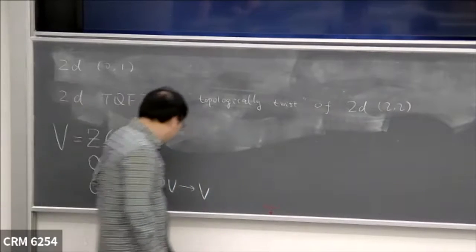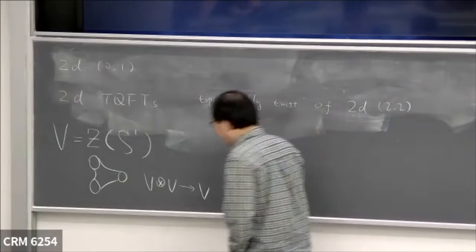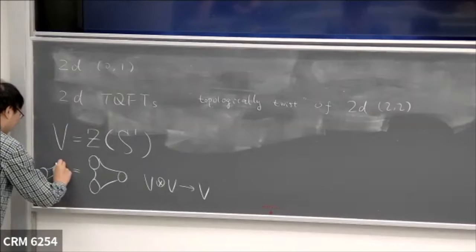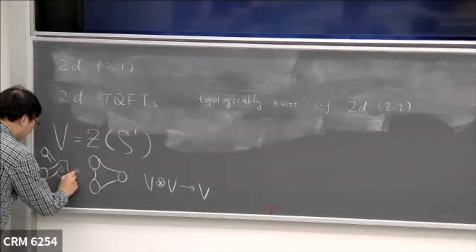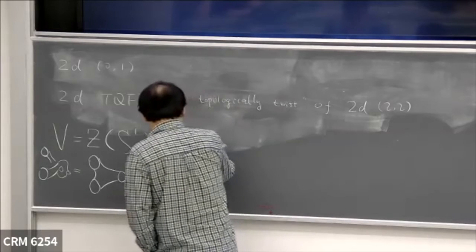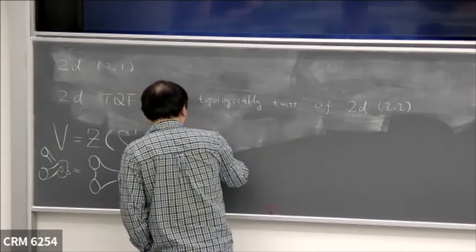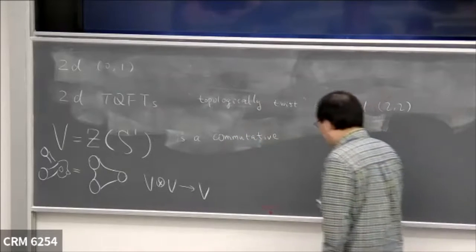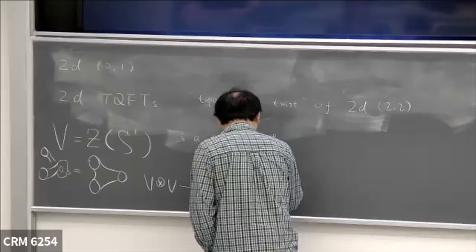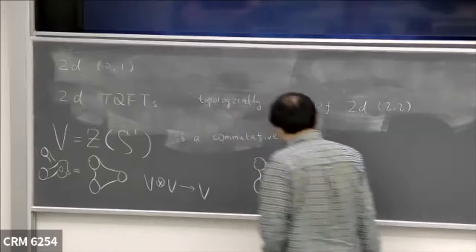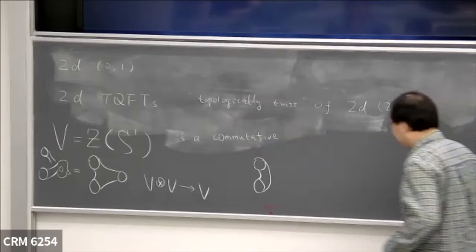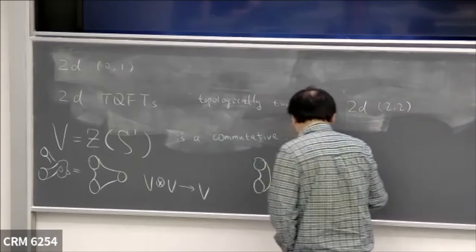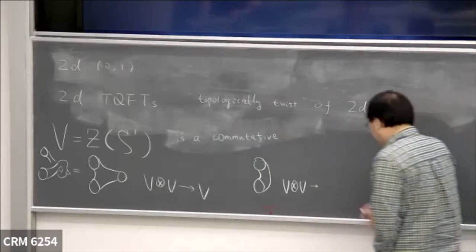Furthermore, this algebra is supposed to be commutative because of topological invariance like this. So this is a commutative algebra. And furthermore, there is going to be an inner product, because this particular cobordism will give you a map from two copies of V to the ground field.